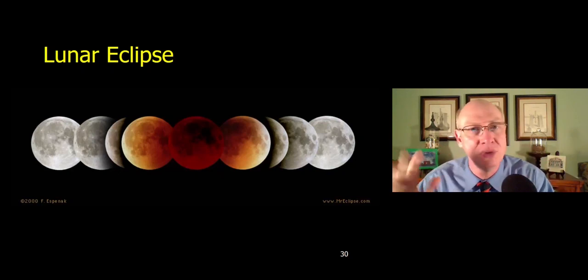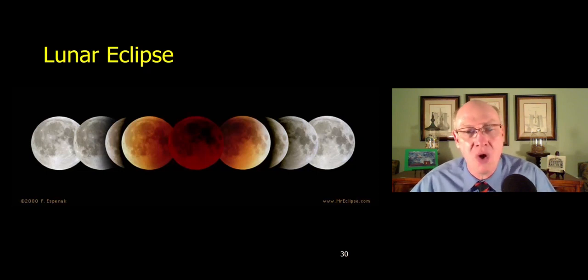All the blue light gets filtered away and only the red light makes it through. Another way to think about it is that the light that's getting through is the combined light of all the world's sunrises and sunsets. And that light is deeply red in color. So very often during a total lunar eclipse, when the moon is completely inside the shadow of the Earth, it takes on a deep red color.